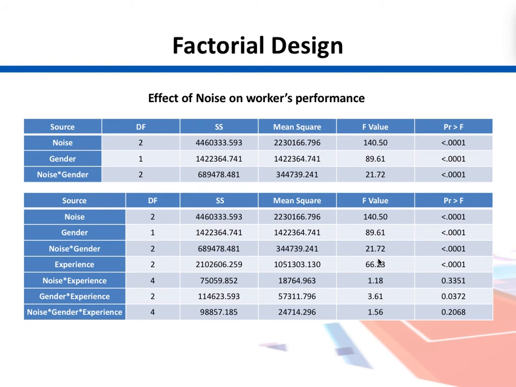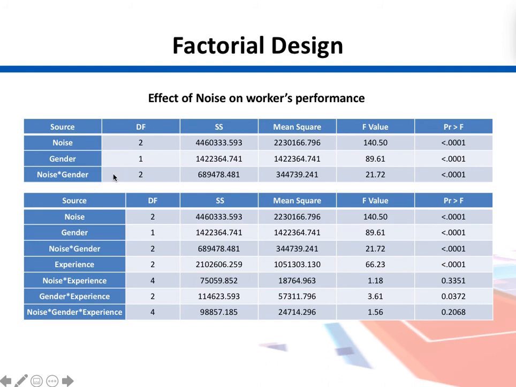Here we look into one example. It's for the effect of noise on workers' performance, and we have three levels of noise: lower, middle, and higher noise, and two genders in it. So their degrees of freedom are the levels minus 1, so 2 for noise, 1 for gender.